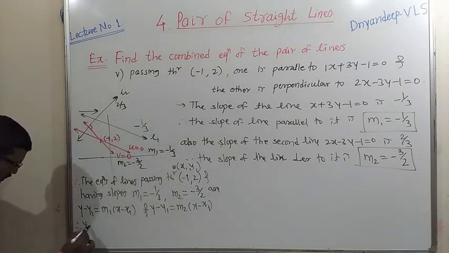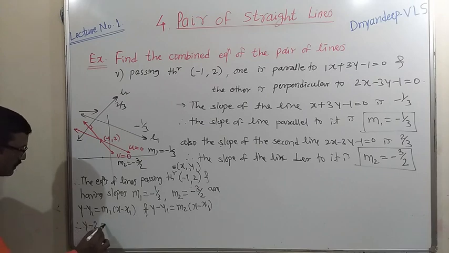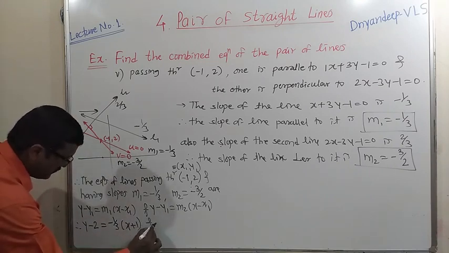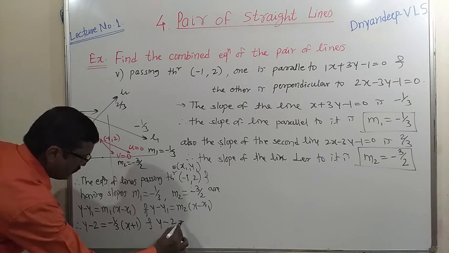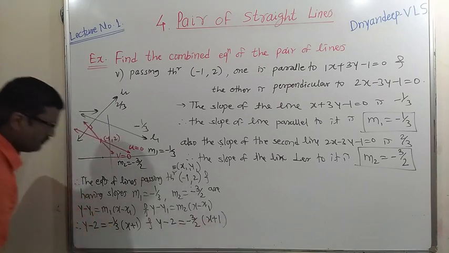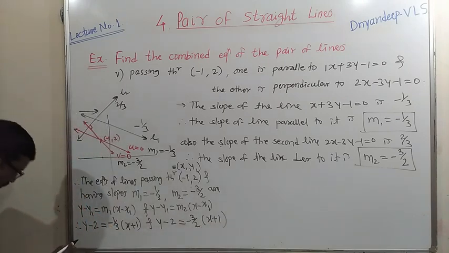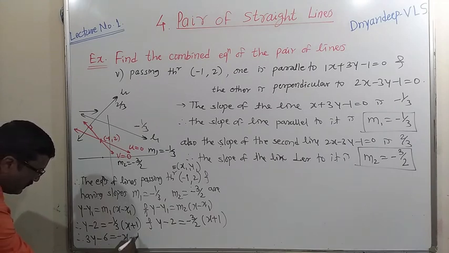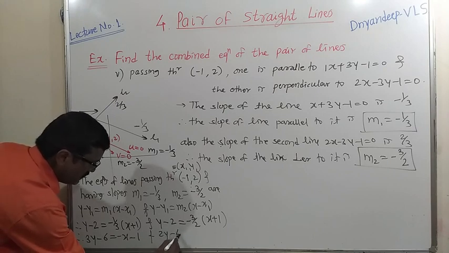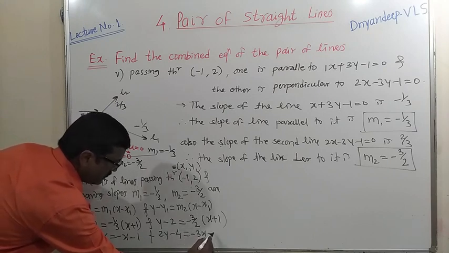We get y minus 2 equal to the first slope -1/3 into x plus 1, and the second is y minus 2 equal to -3/2 into x plus 1. Okay, simplify this. Here we get 3y minus 6 equal to minus x minus 1, and here we get 2y minus 4 equal to minus 3x minus 3.